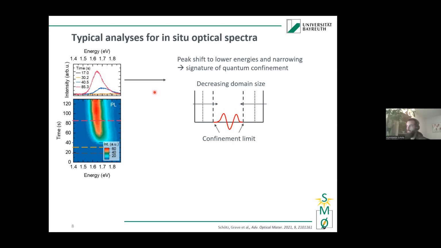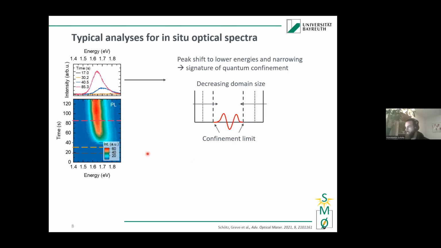If the domain size, or in this case the crystal size, is on the order of the spatial extent of the excited state, the excited state becomes confined and behaves very similar to the particle in the box model from quantum mechanics. You may know from this model that the energy levels and also the distance between the energy levels depend on the size of the box.